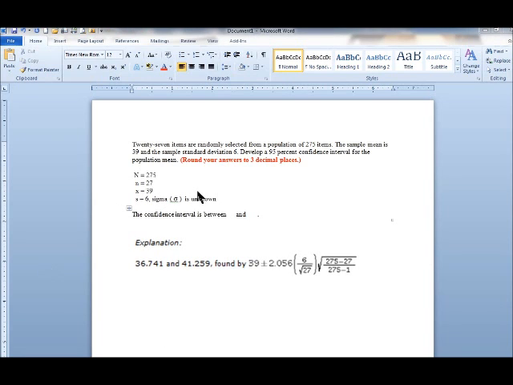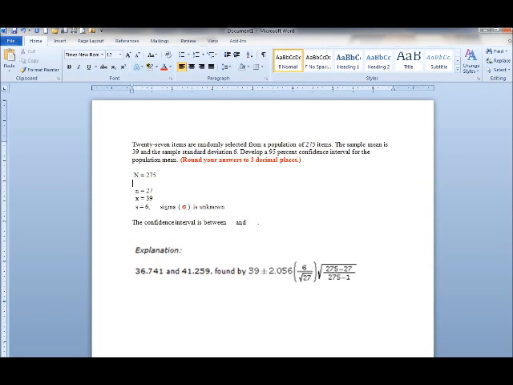As you can probably tell, I paused the video for just a minute because I wanted to make sure you knew what I was talking about when I said sigma. So I went through and added that symbol in. This is our sigma, right? But we don't know sigma. Sigma would be the standard deviation of the population. We don't know that.